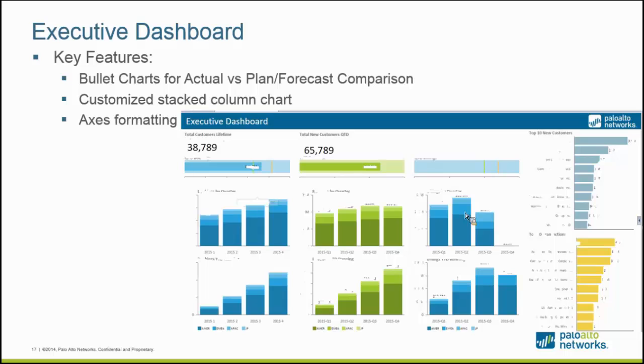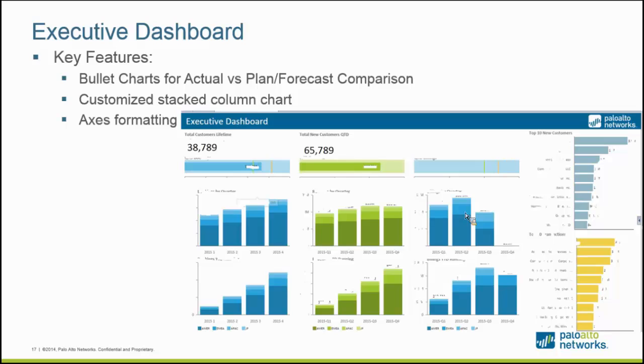Another one was pretty straightforward. It was an executive dashboard with all the major KPIs. We had some tiles, then a bullet chart which showed the actual value, plan value and forecast value, and executives really love those bullet charts. And then you can also see the bar charts or column charts with stacking.